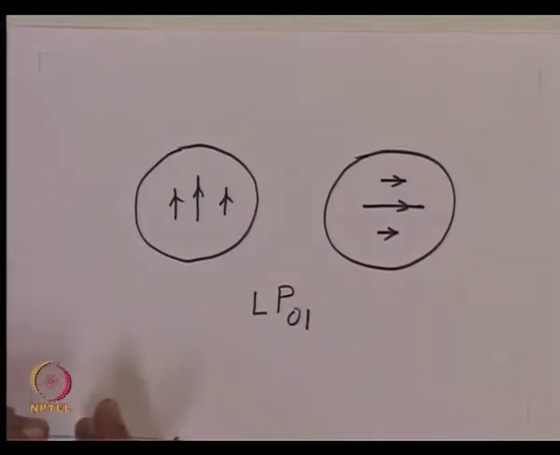So, for LP11 mode we have a degeneracy by factor of 4, whereas for LP01 mode we have a degeneracy of factor of 2, because essentially we have two orthogonal polarizations which are going to propagate in the form of LP01 distribution.